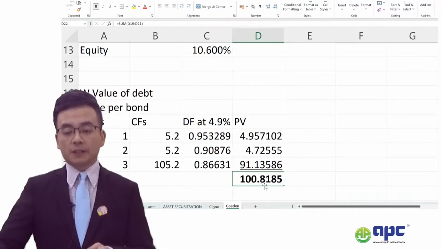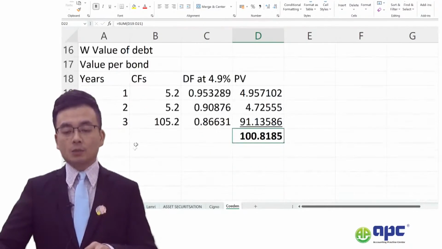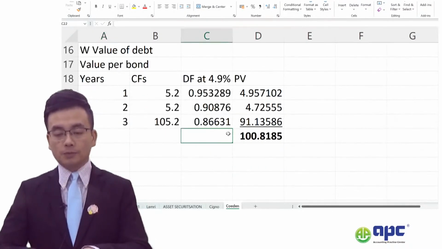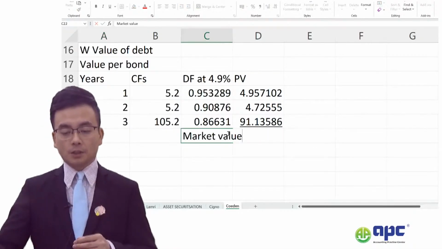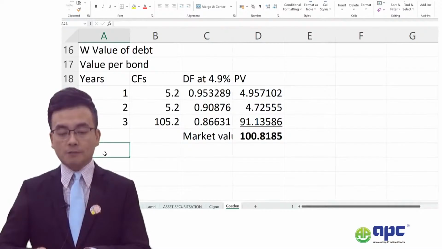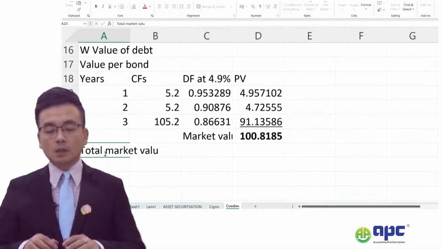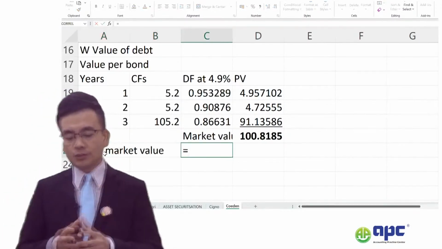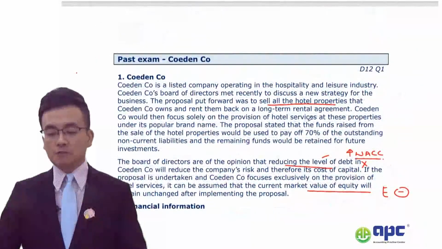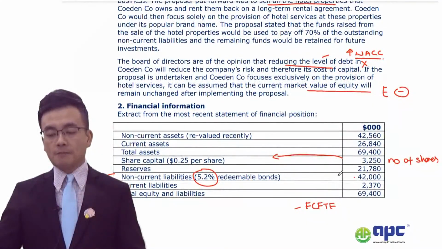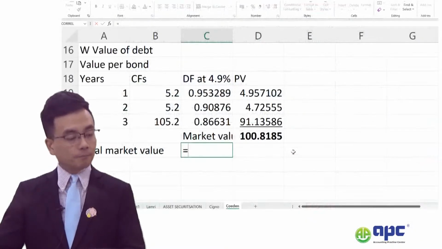After we calculate the value per bond, which means this is the market value per bond, I will need to calculate the total market value. So for the total market value, we need to calculate the number of bonds currently, because we've got the historical value of 42,000 here, or in thousands.